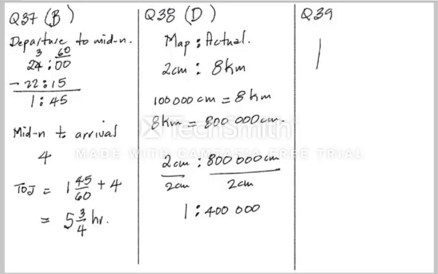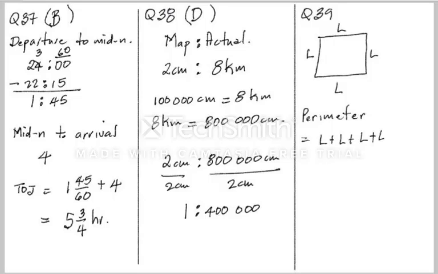So there's a square and the distance around the square, this is L, L, L, L. So the perimeter, which is L plus L plus L plus L, is equal to 56. 4L is equal to 56.